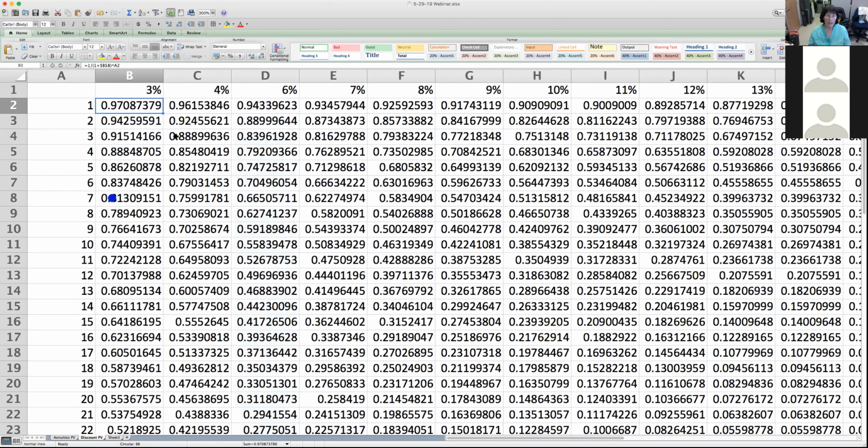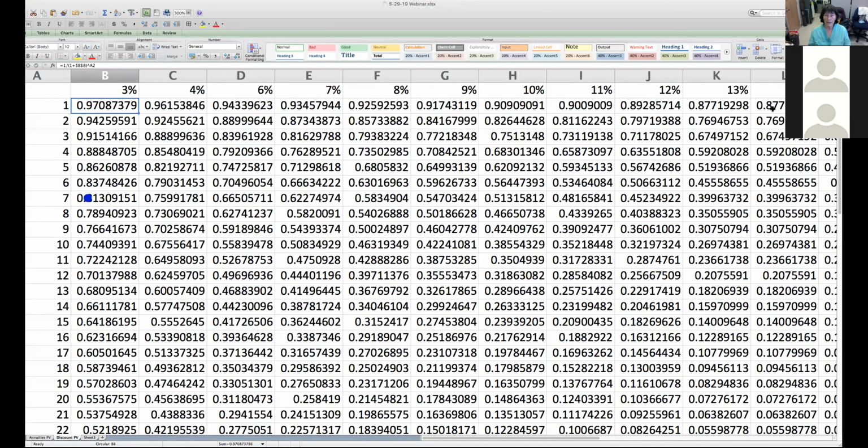And this is actually the discount rate. So $1 invested 1 year at 3%. The present value of $1 that you don't get for a year, invested at 3%, is worth 97 cents today. And you see, when you get over here at 14%, it's only worth 87 cents today.